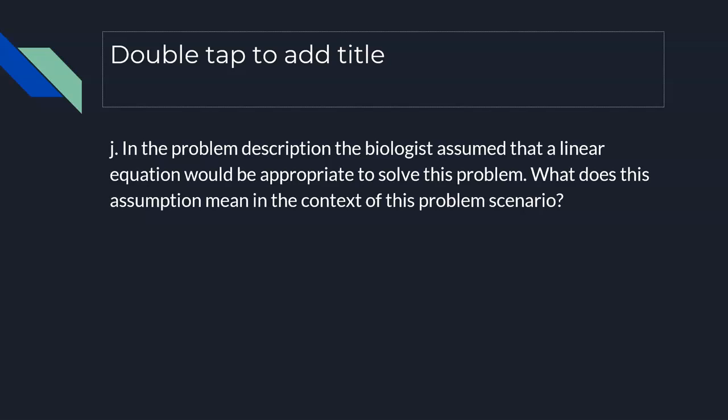After 4 hours, she measures 450 milligrams of contaminant per milliliter, and after 12 hours, the concentration has decreased. So the biologist wanted to measure the concentration of contaminant after the chemical spill, and she saw that there was a decrease after how many hours. So that's why she assumed that linear equation would be appropriate to solve this problem.